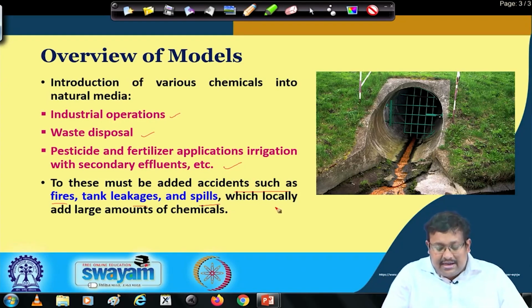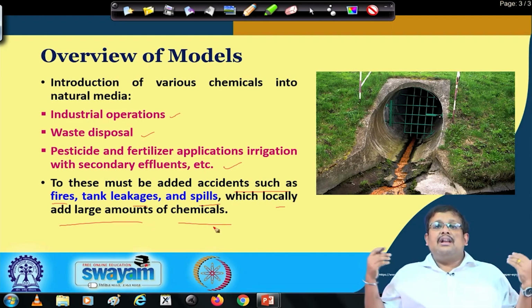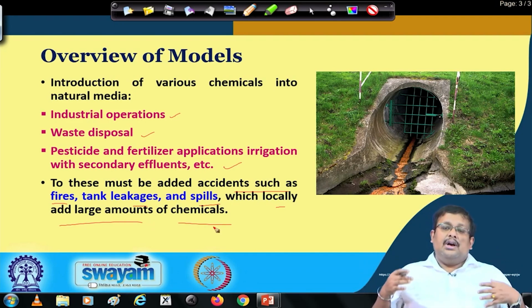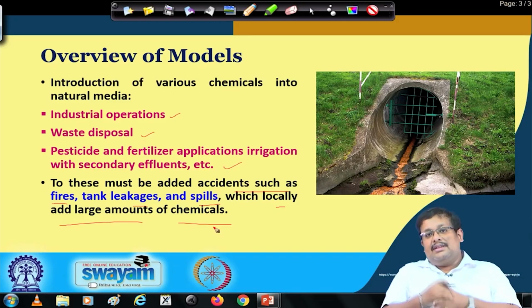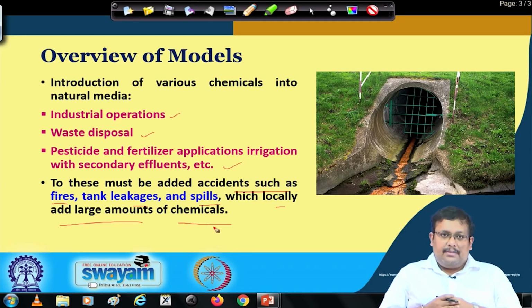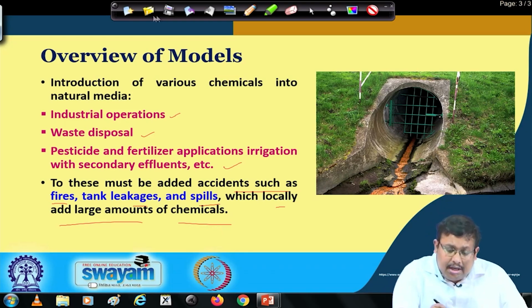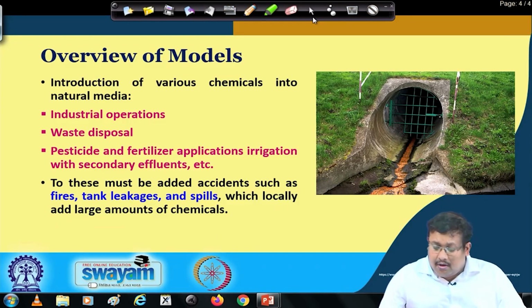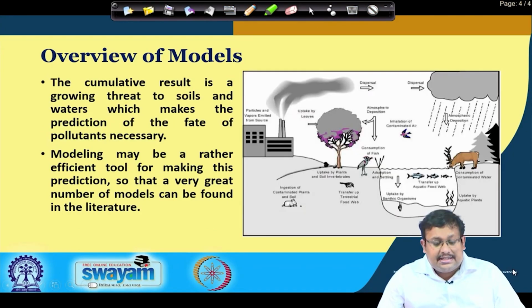In addition to these different processes, fires, tank leakage and spills locally add large amounts of chemicals into the soil, which creates the problem or exacerbates the existing problem of contamination. So, these are different sources and also some additional sources.